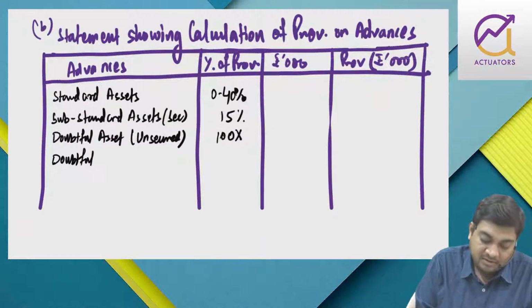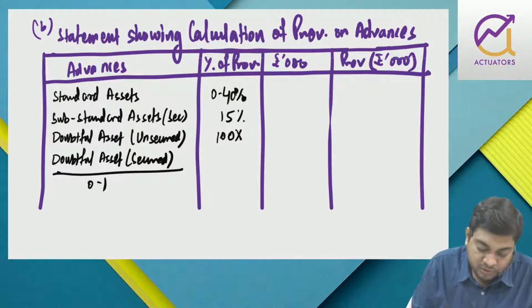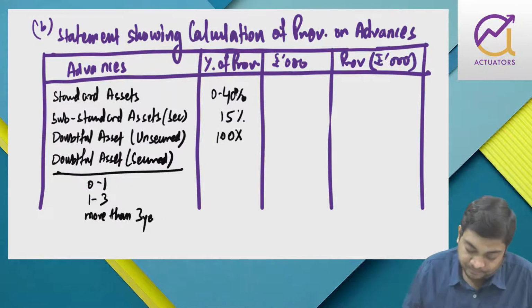Then we have doubtful asset, in brackets secured: 0 to 1, 1 to 3, more than 3.